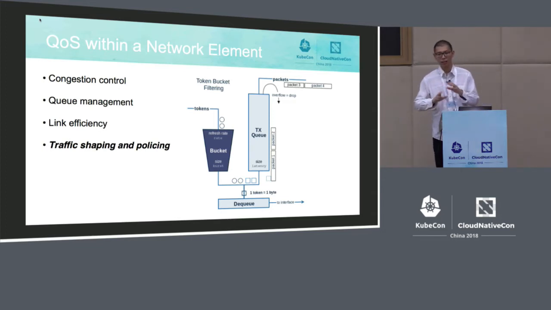So the third part is link efficiency. What does it mean? A brief example. Video audio streaming, 100 MB. Management, maybe a byte. This 100 MB goes through the gateway.